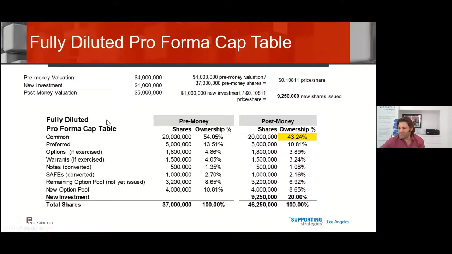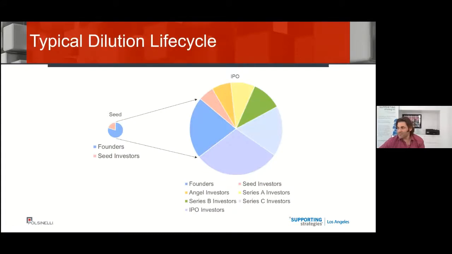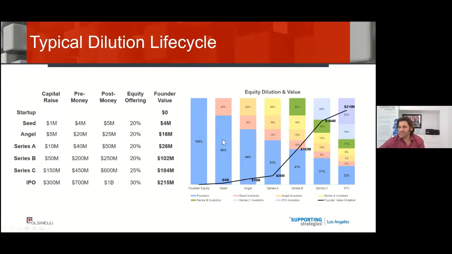Well, we're getting too deep into dilution now. But if you undervalue the business, then you give up too big of a piece, and you might not have enough equity left to attract more capital and raise more money in the future.